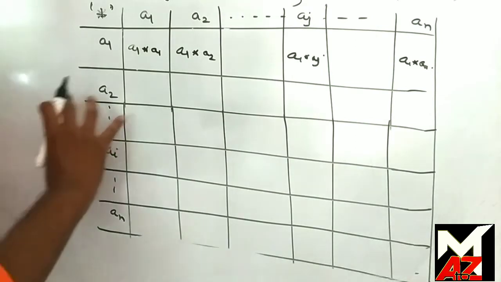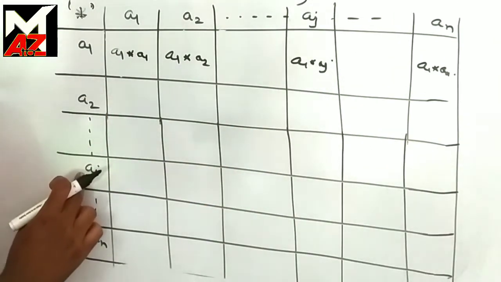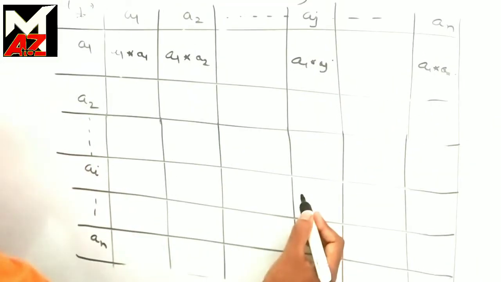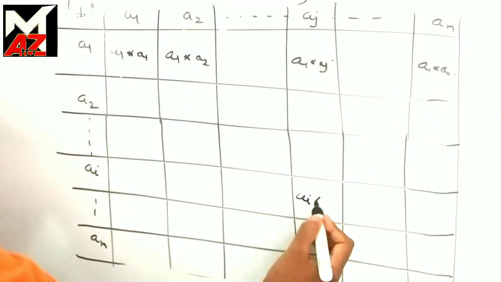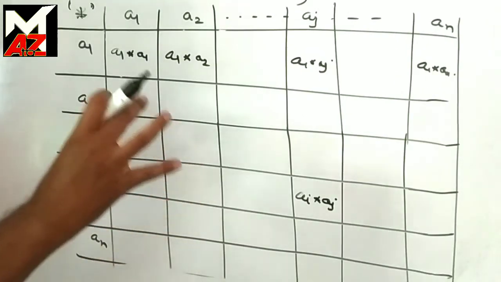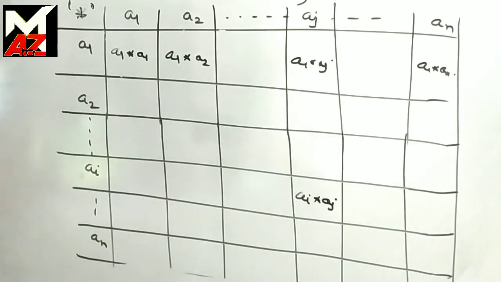Similarly, we fill up all the cells of the table, and the cell in the ith row and jth column contains AI star AJ. Okay, this is the composition table or Cayley's table.